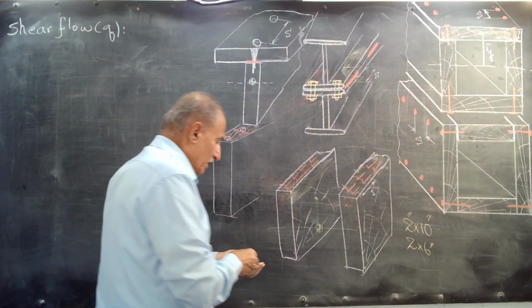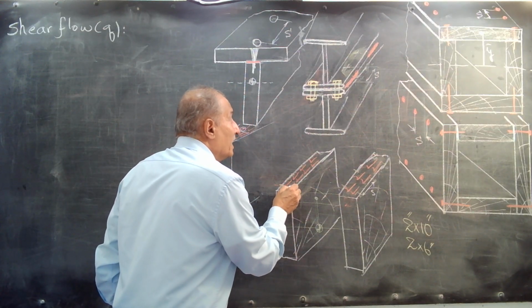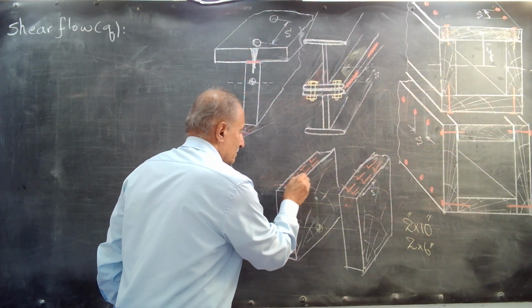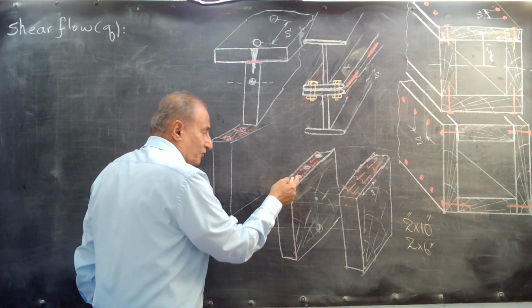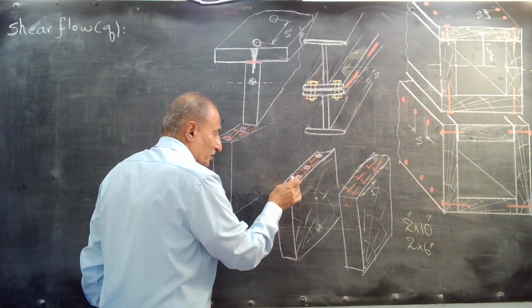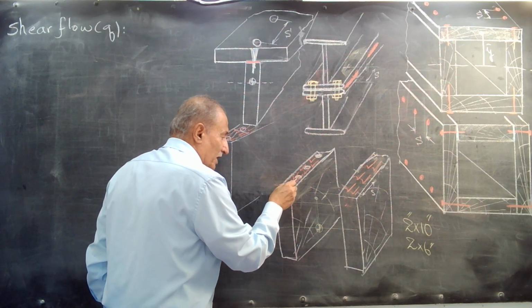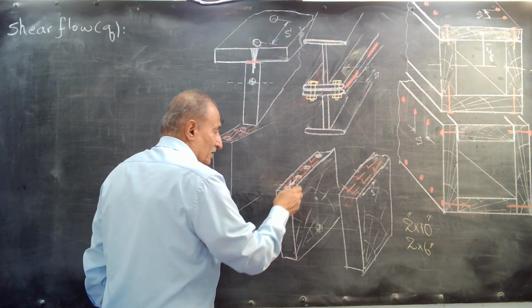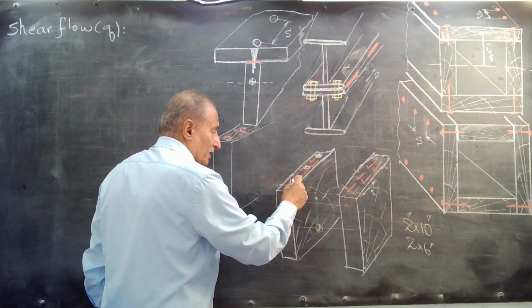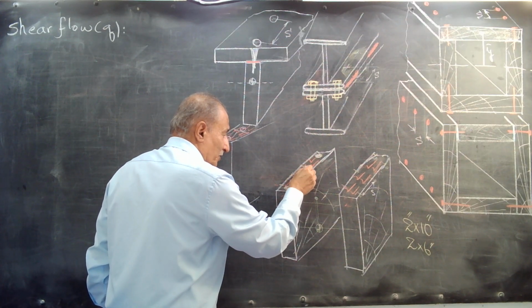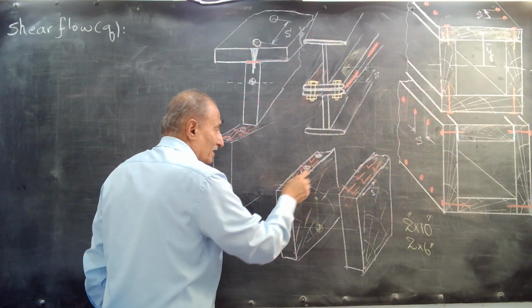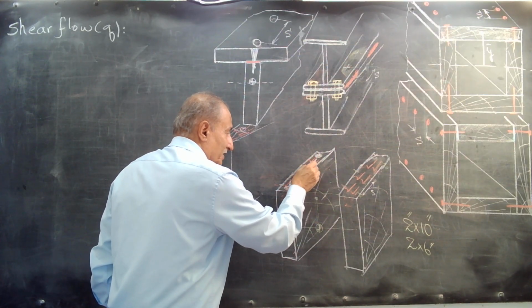Here also, if I show the location of the nails, then between these two nails, any horizontal shear stress that changes to shear force is taken by this nail. Another shear force for this space is taken by this nail, and another by this nail.